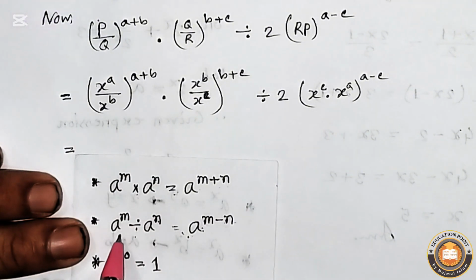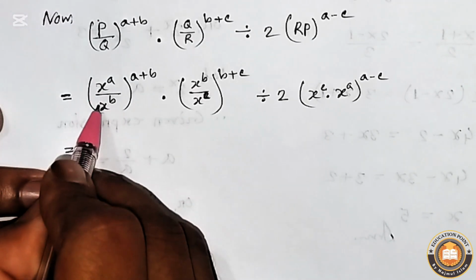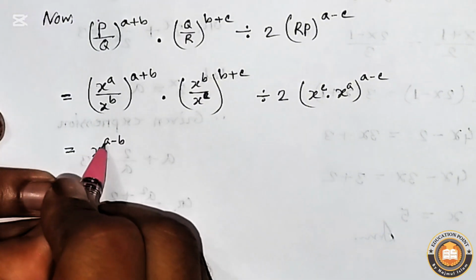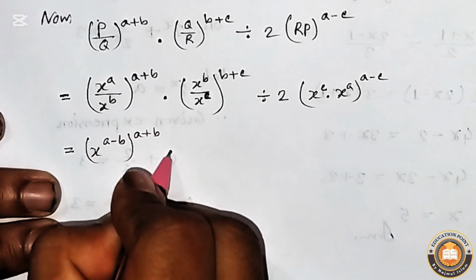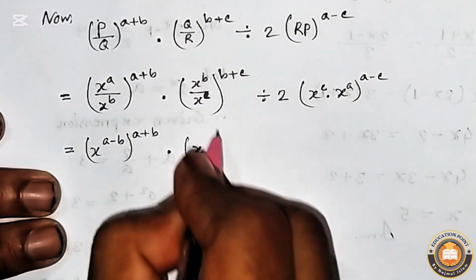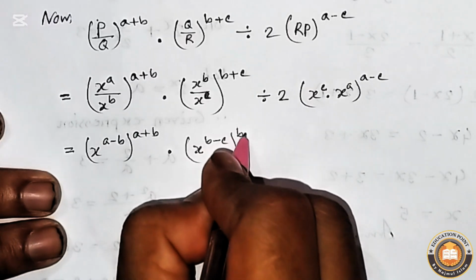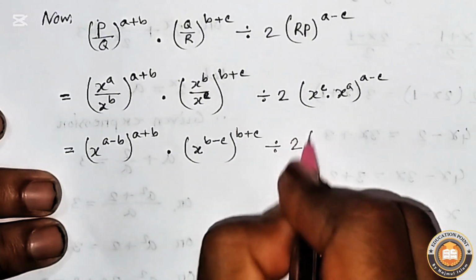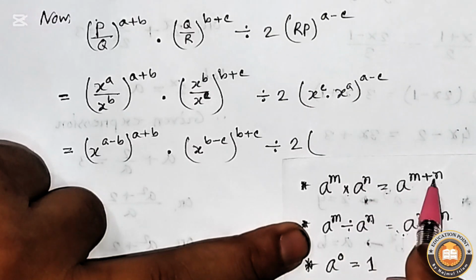Here we apply the formula a power m divided by a power n equal a power m minus n. According to the formula we can write here similar base x, their power will be subtracted: x power a minus b, then whole power a plus b, into here similar base x, their power will be subtracted, that means b minus c, then their whole power b plus c divided by 2, into here we apply the formula a power m into a power n equal a power m plus n.